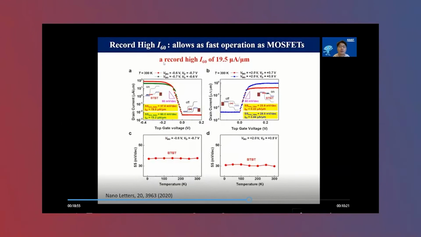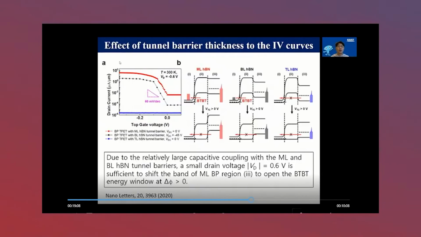And what happens is the I60 increased by more than about 2 orders of magnitude. So the record high value of I60 was obtained by reducing the HBN thickness.